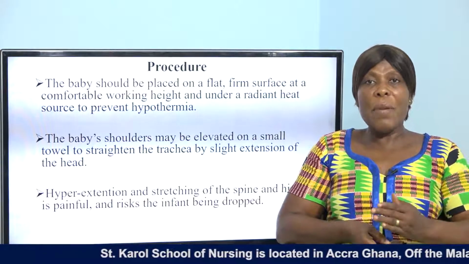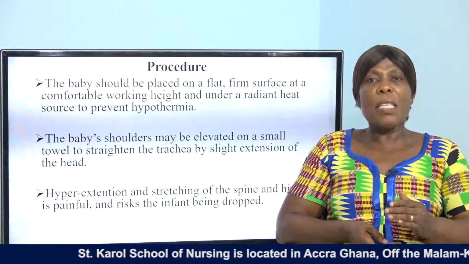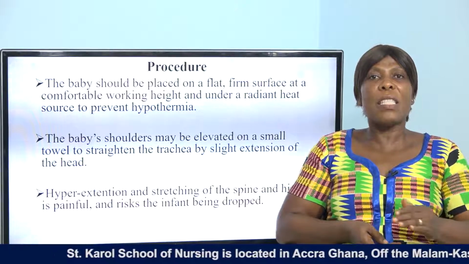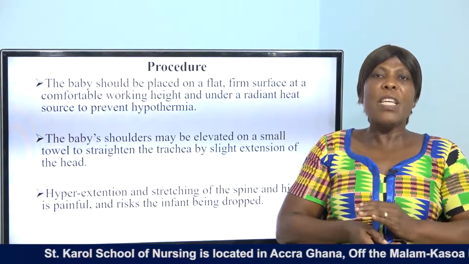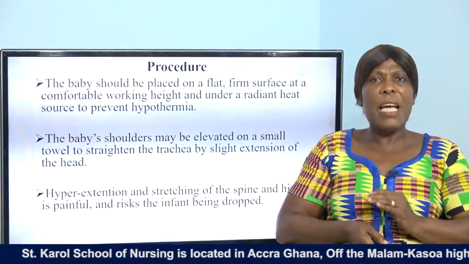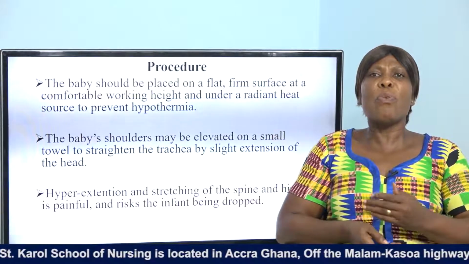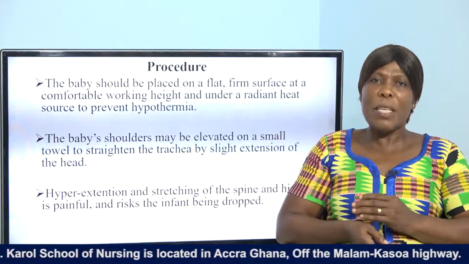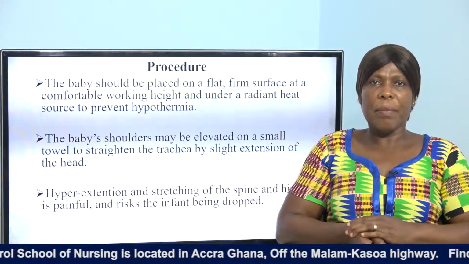You know, when the baby comes out, we need to wrap the baby because the baby is coming from a different environment to another environment. And we need to maintain the warmth that the baby is enjoying in utero. So we need a radiant heater to provide the warmth for the baby to prevent hypothermia.